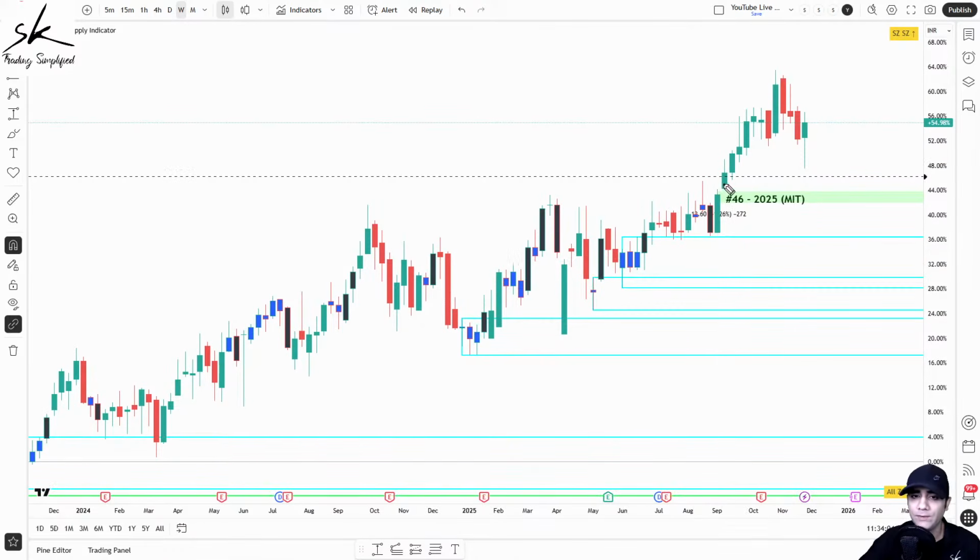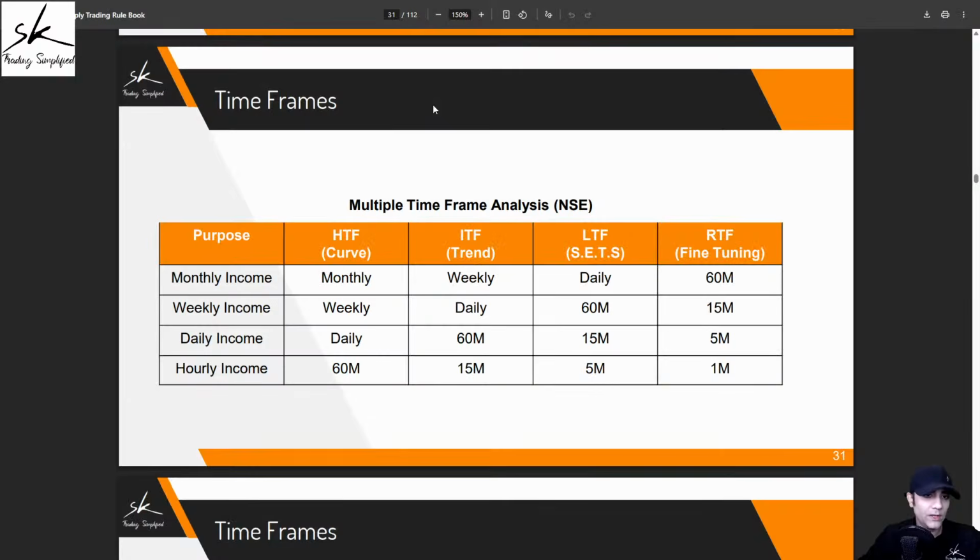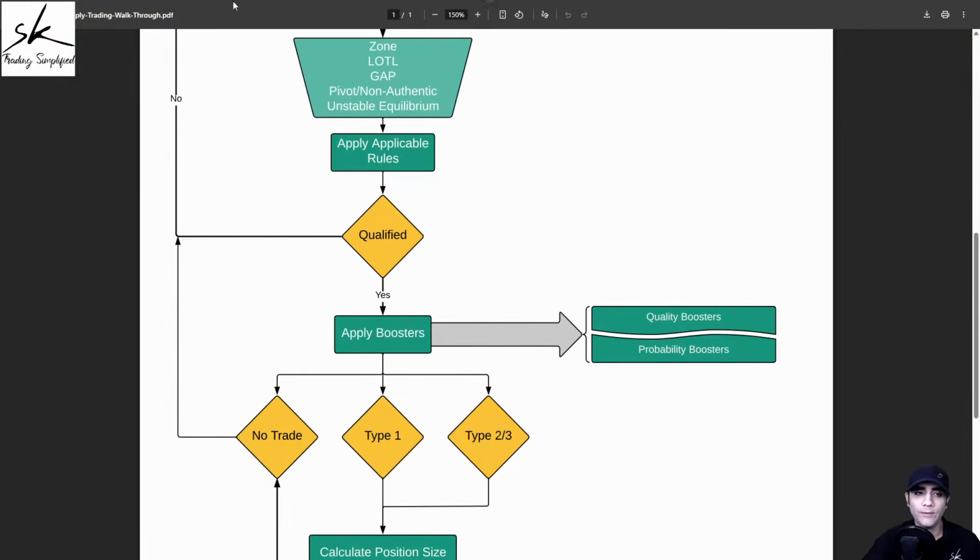You can see wherever my lower time frame zone is, there is no intermediate time frame zone available. The intermediate time frame zone is a little lower. So this is not a coinciding level, and since it is not, this cannot be a case of level on top of level. So again, level on top of level is not applicable.